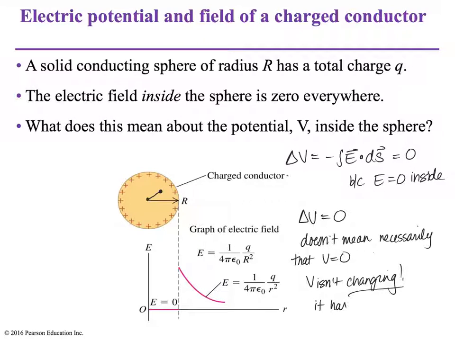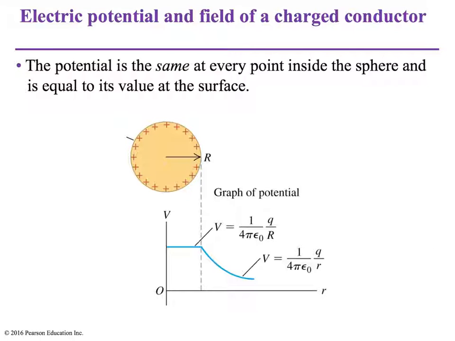It has a constant value. So the potential within the conductor, when the electric field is 0, has a constant value. Not a 0 value necessarily, but a constant value. And it's going to be equal to whatever the potential is on the surface, because we have to have some sort of continuity, and then of course it'll drop off as we move away.